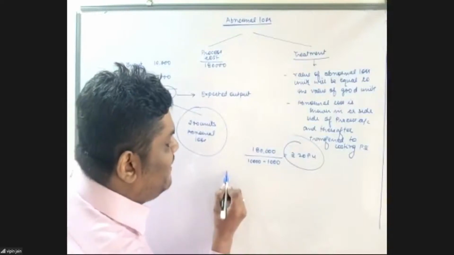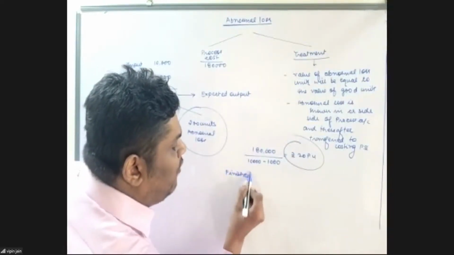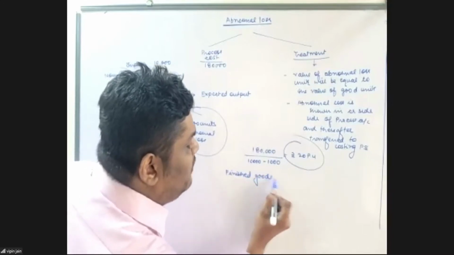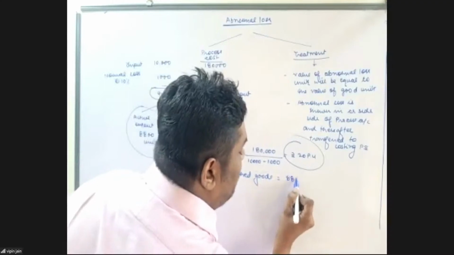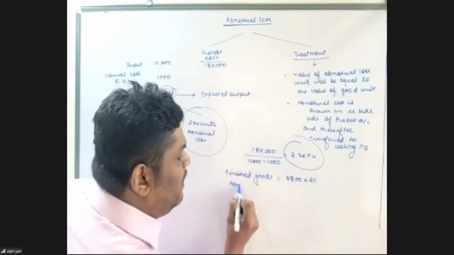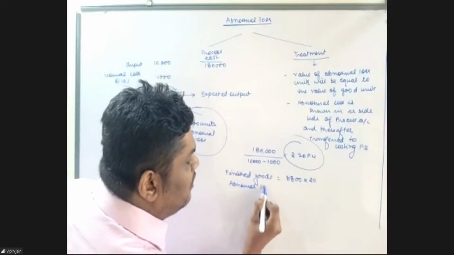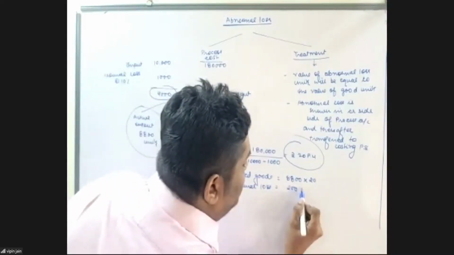When talking about the value of output, very simple, guys. The value of finished goods will be 8,800 into 20, and abnormal loss value will be 200 into 20.